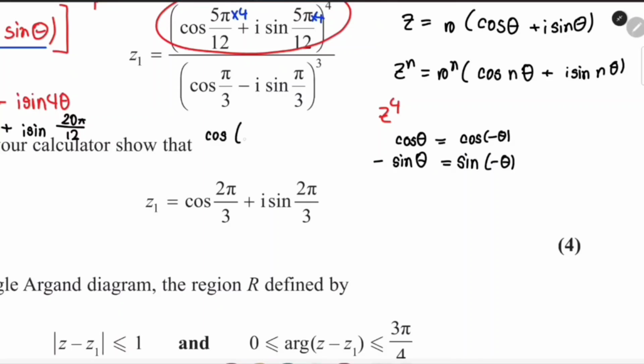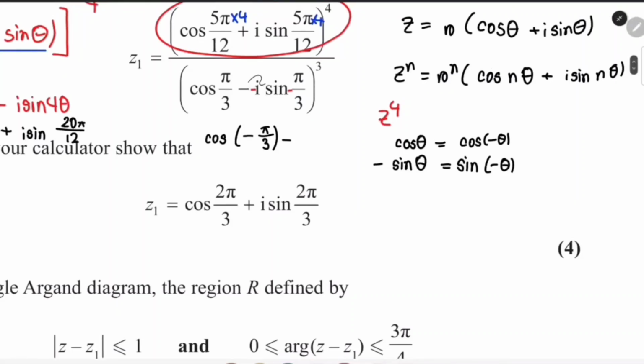So this is cos minus pi by 3 minus i sine minus pi by 3. Basically, if I add a minus inside the sine, I'll also add a minus here. So the two minuses combine to make a plus. So I get plus i sine minus pi by 3.